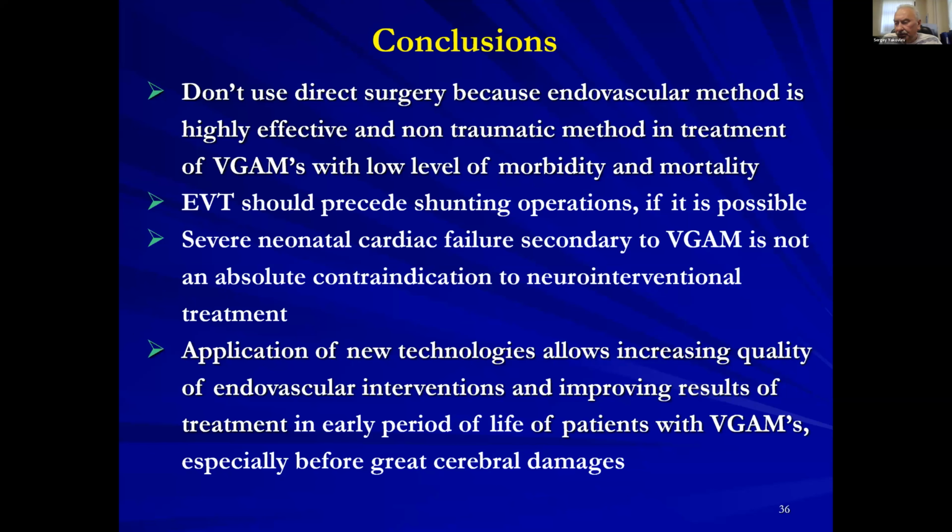Severe neonatal cardiac failure secondary to vein of Galen malformation is not an absolute contraindication to interventional treatment. And application of new technologies allows increasing the quality of endovascular interventions and improving results of treatment in the early period of life of patients with vein of Galen malformation, especially before great cerebral damage.